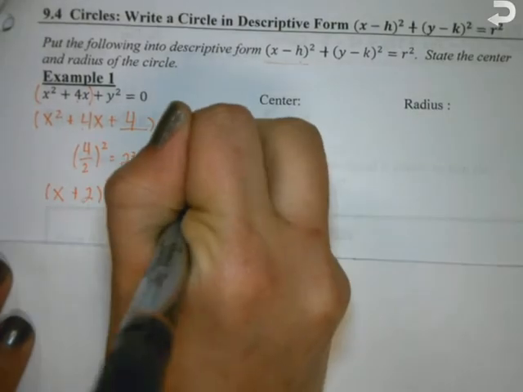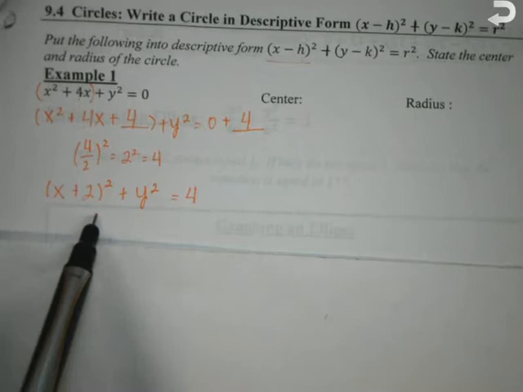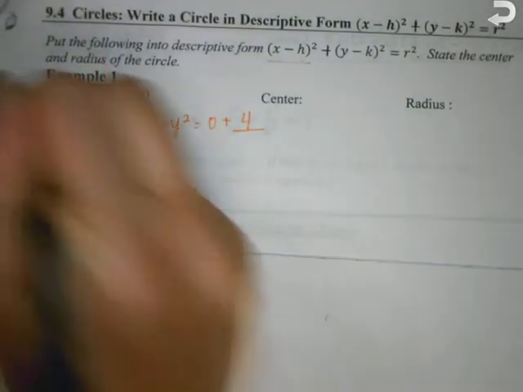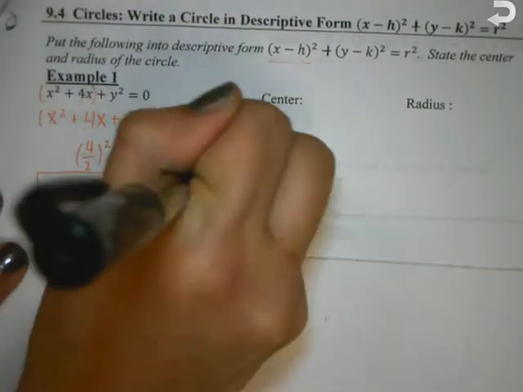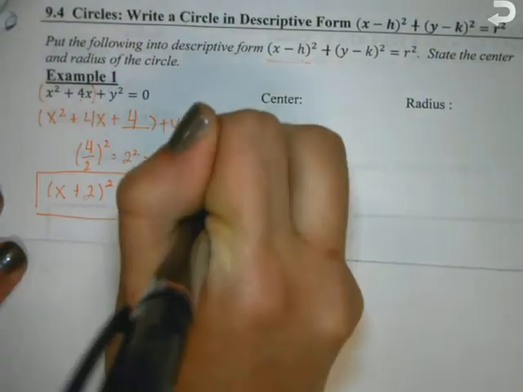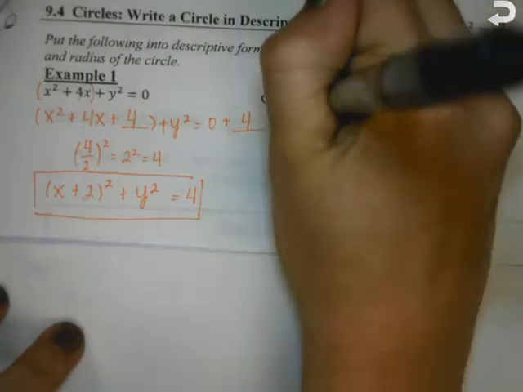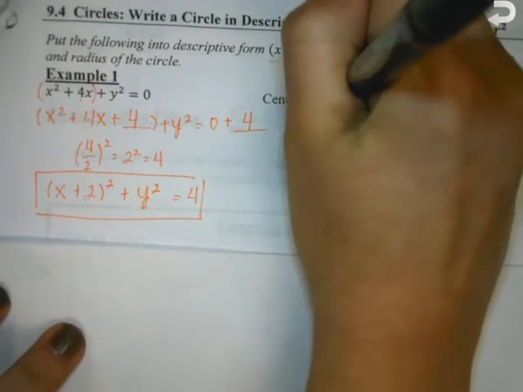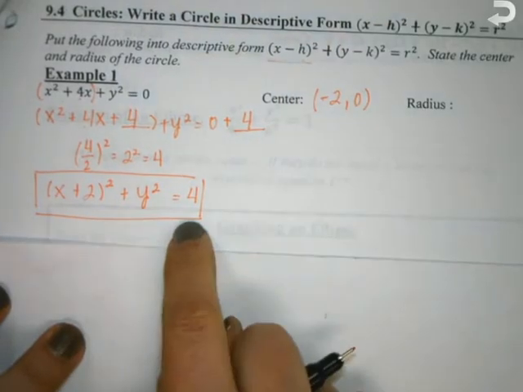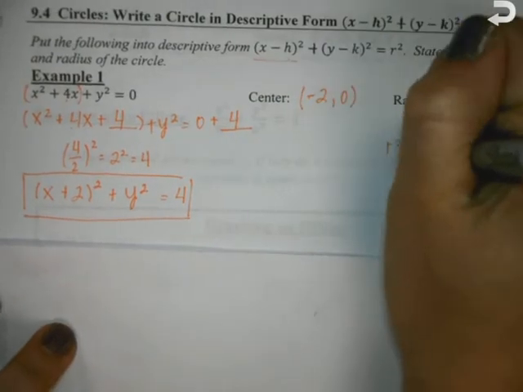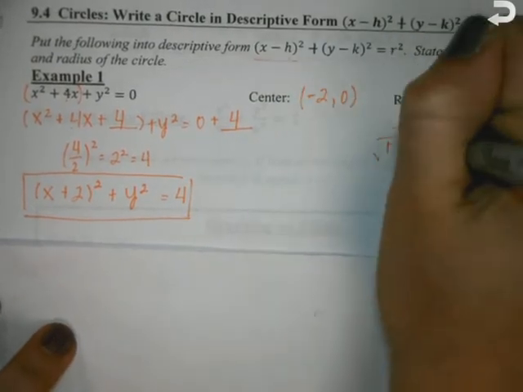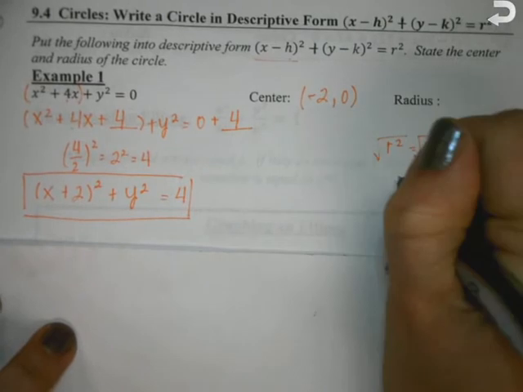Does this look like the descriptive form of a circle now? Yes, it does. So can we use this to find the center and the radius? We can. What is the center? Negative 2, 0. What's the radius? R squared is equal to 4. So taking the square root of both of those gives me R equal to 2.